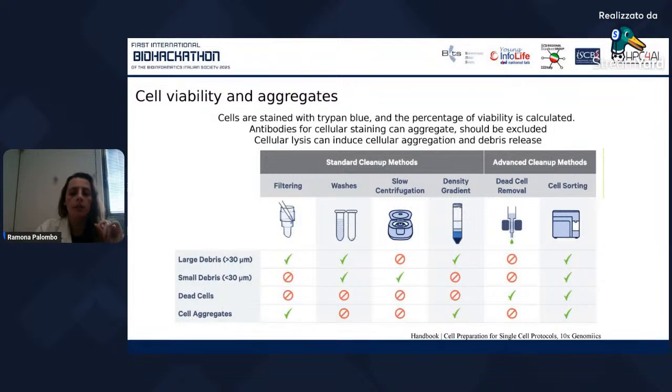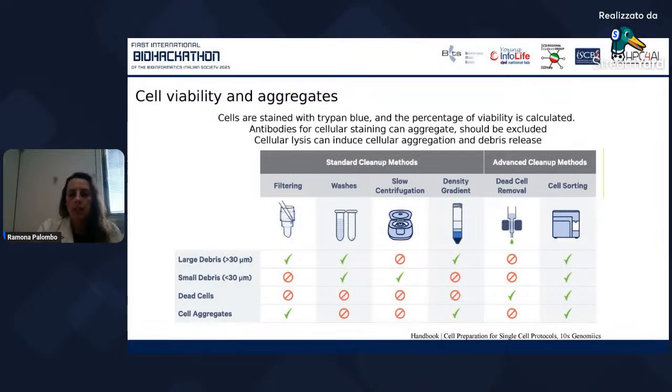In fact, this is a technique that is also used with PBMCs or blood cells, because they can be divided in different layers after centrifugation. And washes can remove large or small debris, and also slow centrifugation does the same.